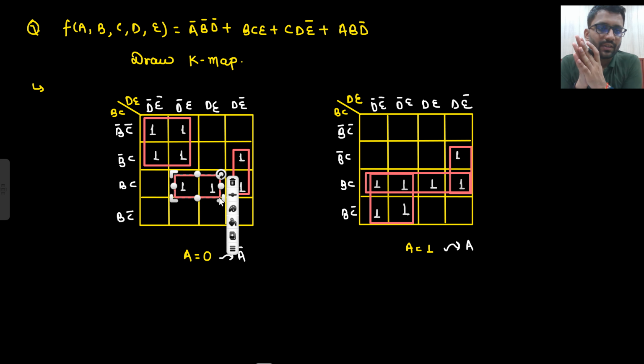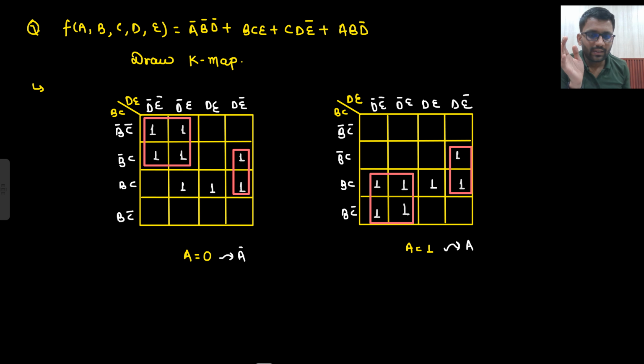Did you understand this point? Till this point everything is fine. 4, 1, 1 common. So this is a pair of 4, this is a pair of 4, this is a pair of 4. Total 3 pairs I have made till now. 1, 2, and these two are adjacent to each other. Now I need to pair this one and these two ones.